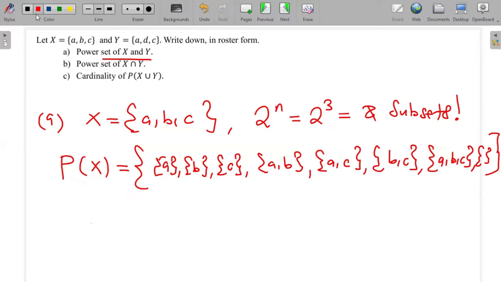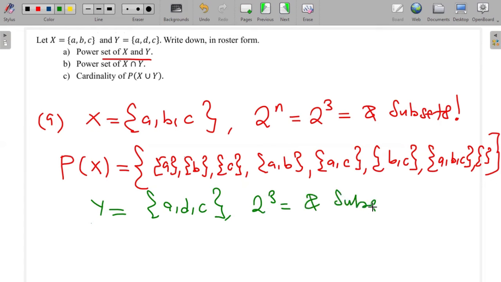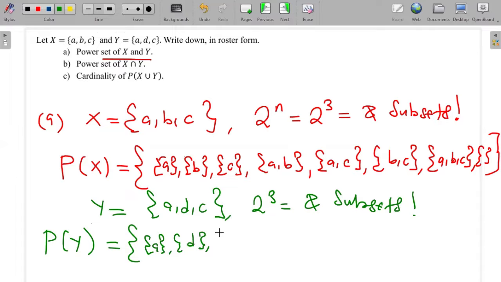Then for the power set of Y, we are going to do the same. Y is equal to {A, D, C}. You first find the number of subsets, so you do 2 to the power 3, which gives you 8 subsets. Then we list these 8 subsets to find the power set. We have A by itself, D by itself, and C by itself.